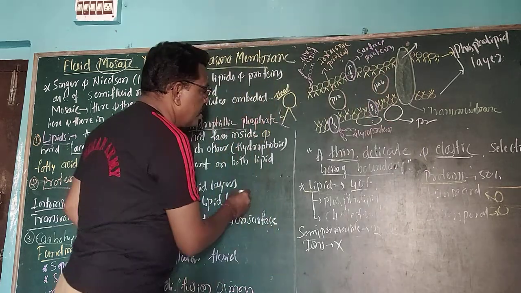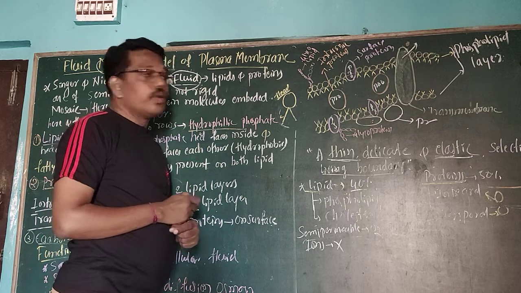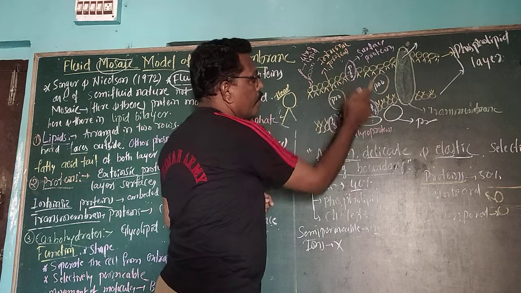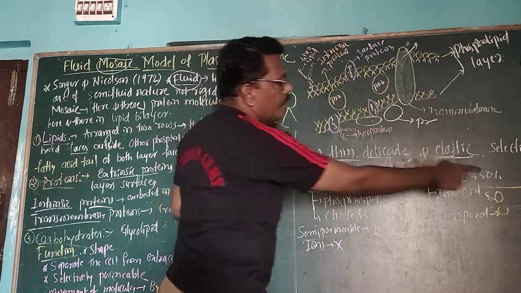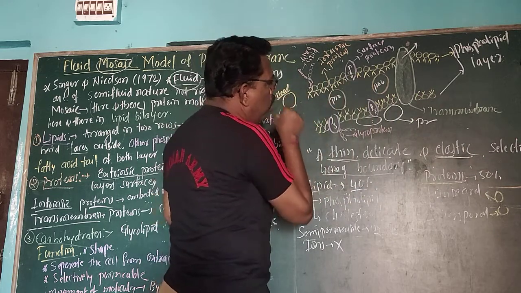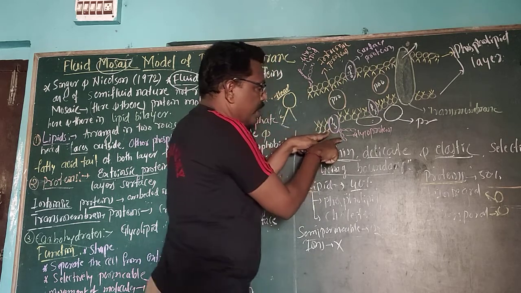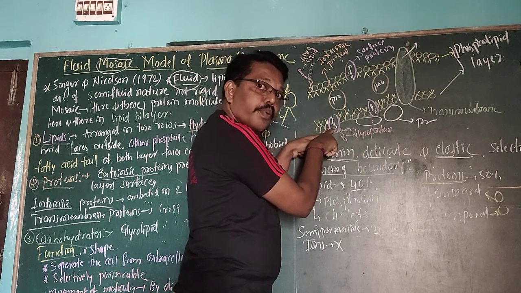So what do you mean by glycoprotein? Those carbohydrates which are attached with the protein. You will see the protein is there. Some carbohydrates are attached with the protein.